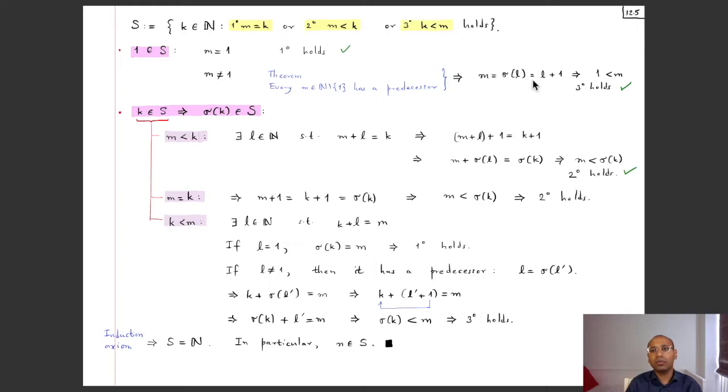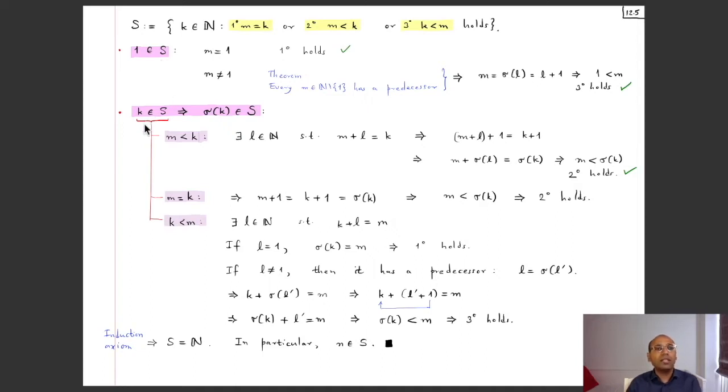So if m is not equal to 1, then m is the successor of some natural number L, in other words, it's L plus 1. And so to 1 I have to add some natural number to get m, and so 1 is strictly less than m. So statement 3 holds. In this case also one of these three things holds, and so 1 belongs to S.